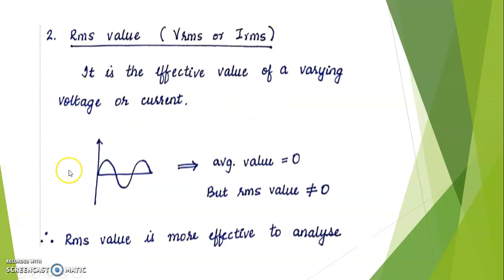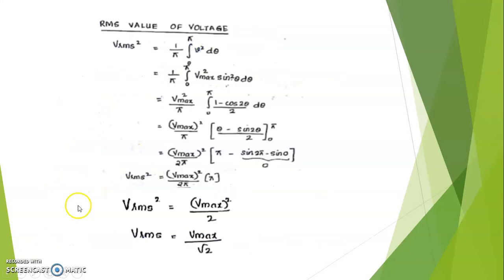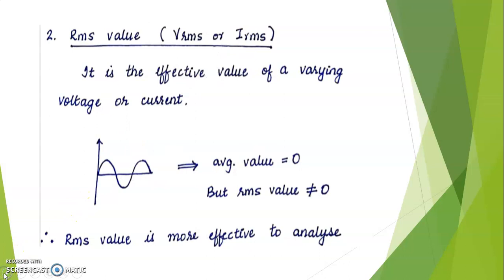Next, we are going to find the RMS value. That is another term used to do the analysis. It can be VRMS or IRMS. VRMS means the effective value of a varying voltage or current. For example, if this is a sine waveform, the average value of the sine waveform would be 0.